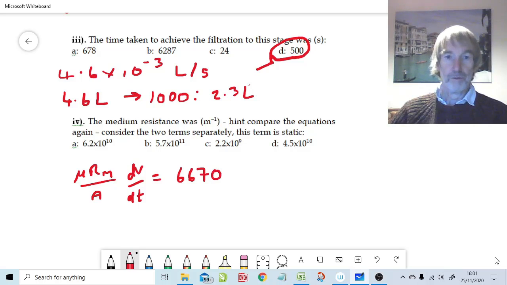So if we want to rearrange that, we end up with Rm is equal to 6670 times by, divided by dV dt rather.